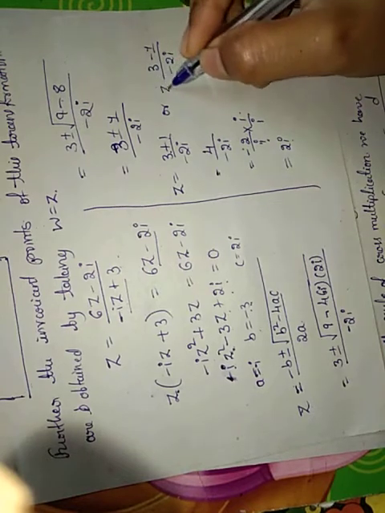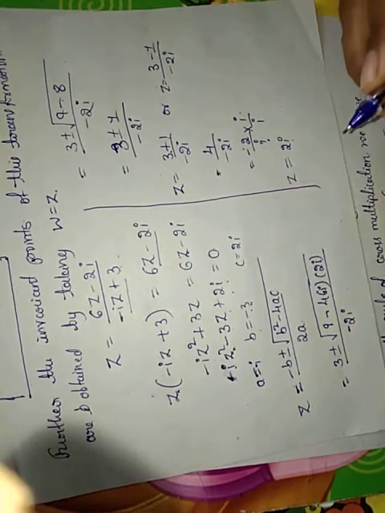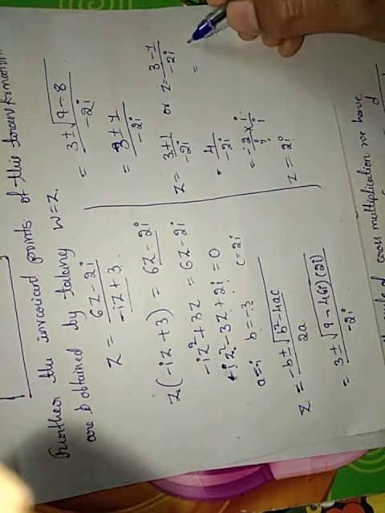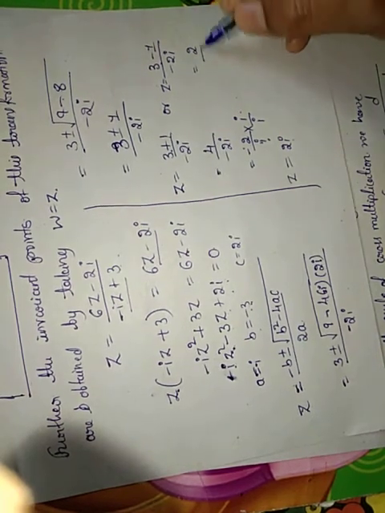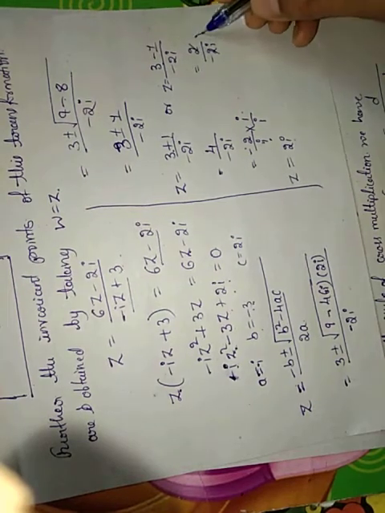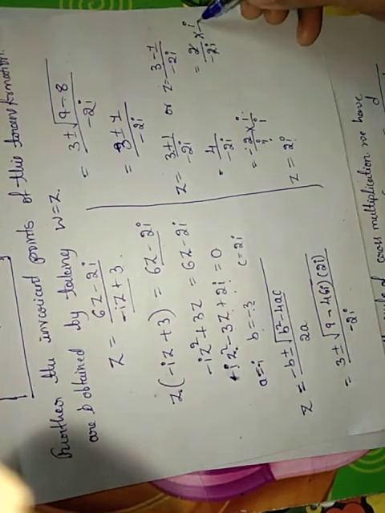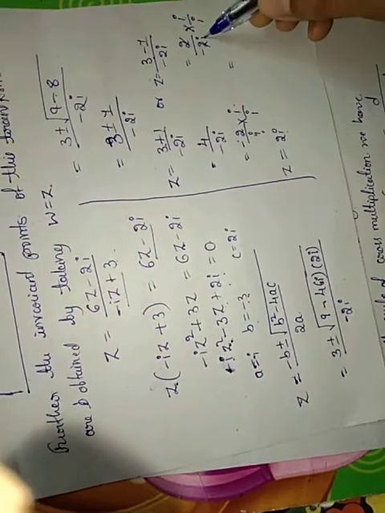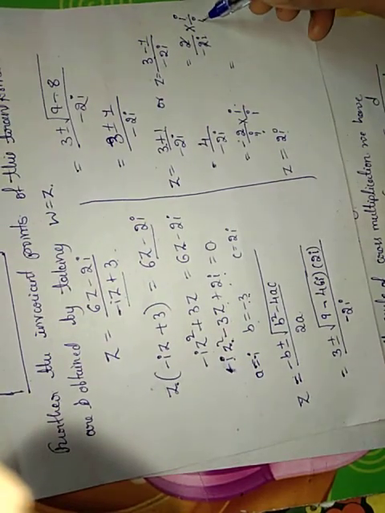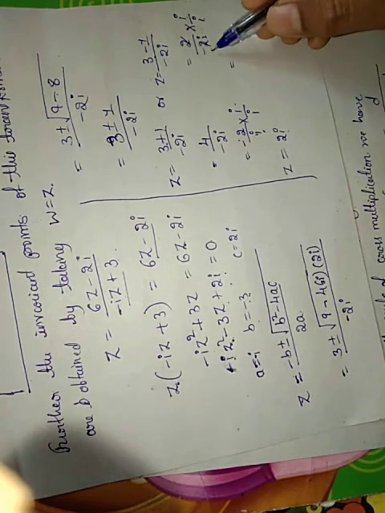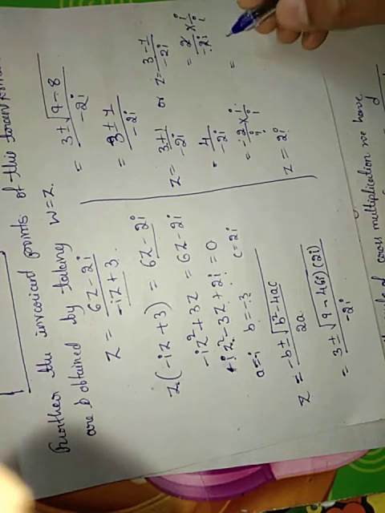Suppose z is equal to 3 minus 1 divided by minus 2i. 3 minus 1 is 2 divided by minus 2i. 2 cancelled. Multiply both numerator and denominator by i. i divided by i into i is i square. i square is minus 1. Minus 1 into minus, plus.